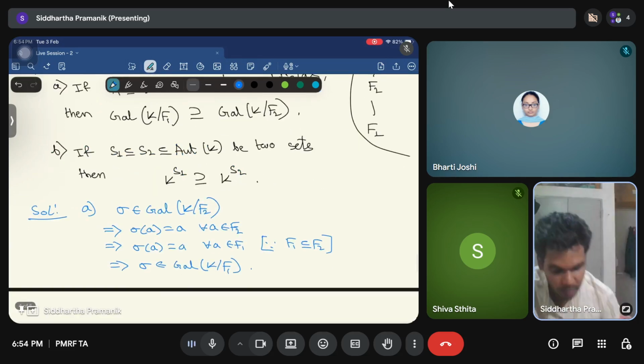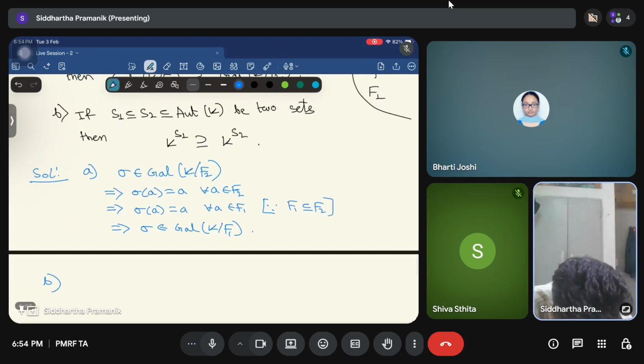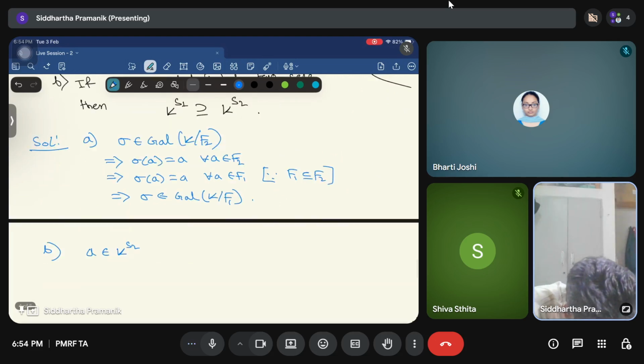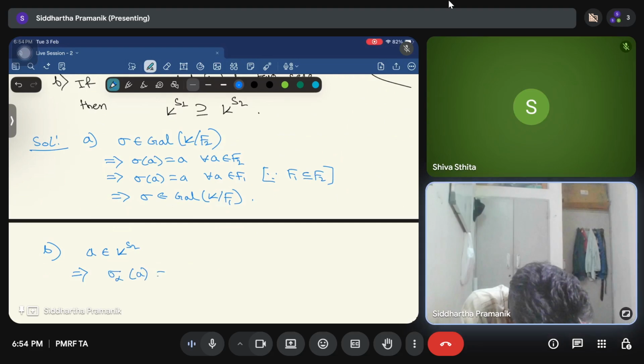And the second part is also the same. Let's write this down. Let's take an element a from the fixed field of S2. Then sigma alpha of a is sigma beta of a for all sigma alpha, sigma beta in S2.